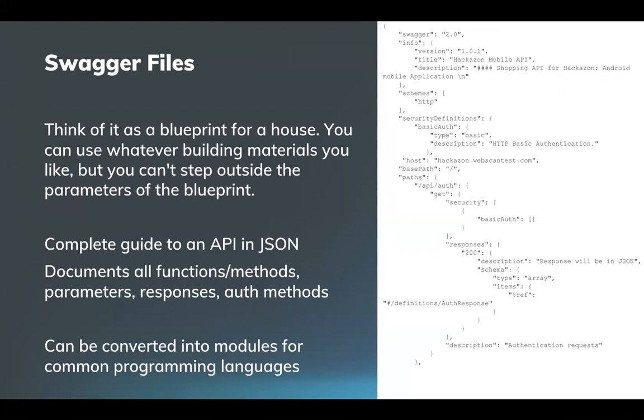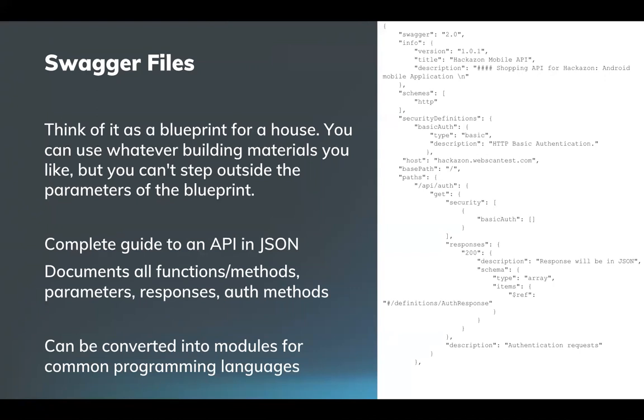Swagger files and Swagger in general, you can think of as a blueprint for a house. It's up to you to choose what language. You know, you can use whatever building materials you want. You can make the house out of steel or wood or diamond or aluminum or whatever. It doesn't matter, but you can't step outside the parameters of the blueprint. So in this case, the Swagger file is a guide for communicating with a server, but you can use this to write in any programming language you want.